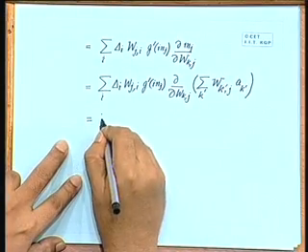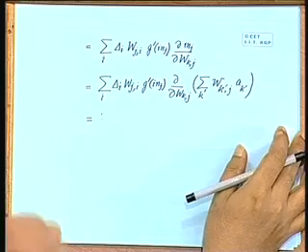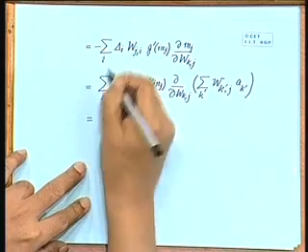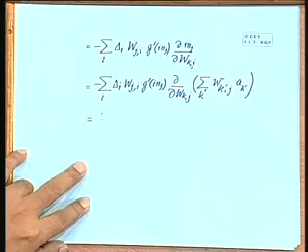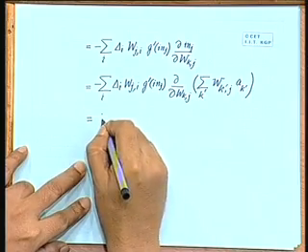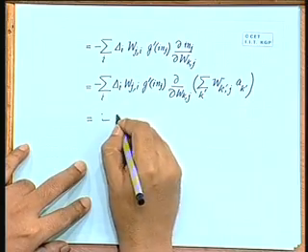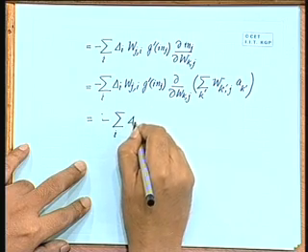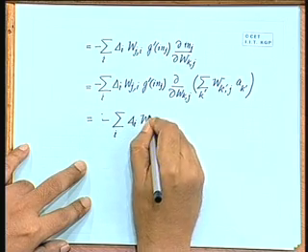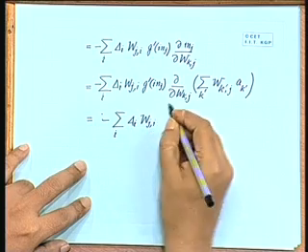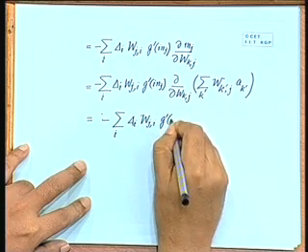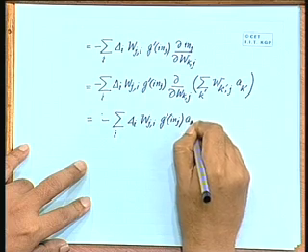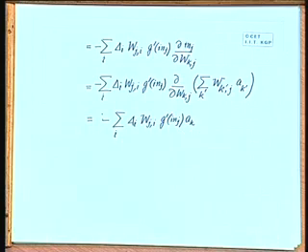Minus. What did I do with the minus? There was a minus here, I forgot. So, we will have minus sigma over i, delta_i w_ji, g dash of in_j, times a_k.